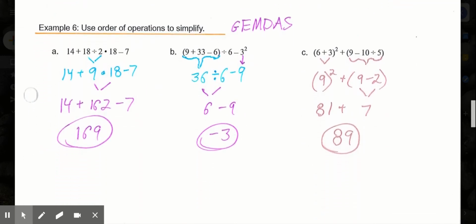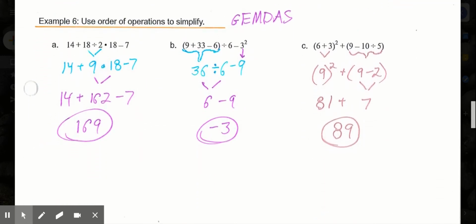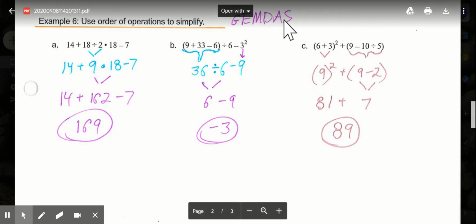And then example 6 is asking us to use the order of operations to simplify. And they're just giving us multiple operation expressions. We want to keep in mind GEMDAS and go from there. So looking at A, I have no grouping symbols. Then I check for exponents, no exponents.